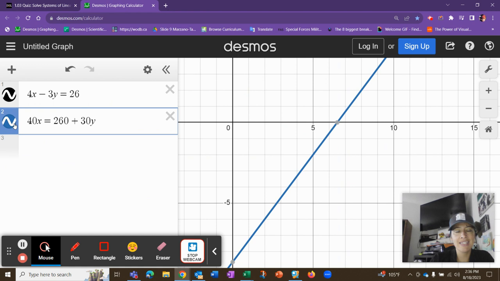So in this case, it's infinitely many solutions. In this system of equations, these two equations actually are the same line. They just look different. And I mean, there's so many different ways that they could look.